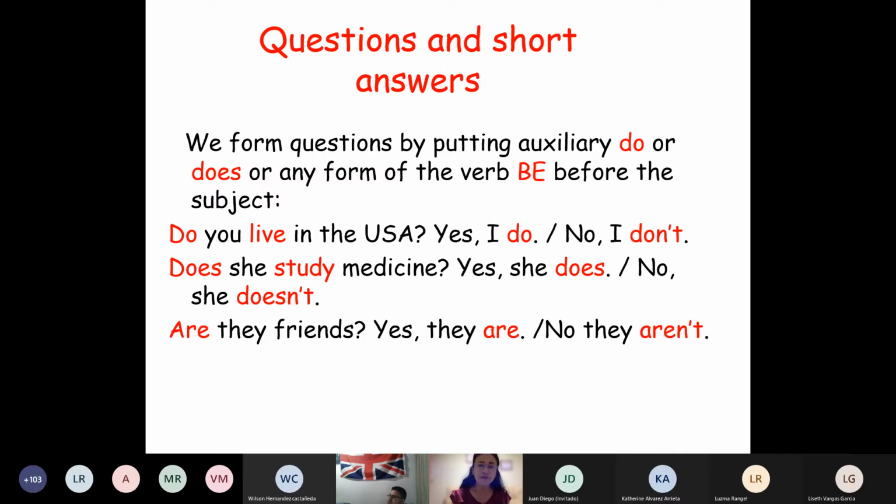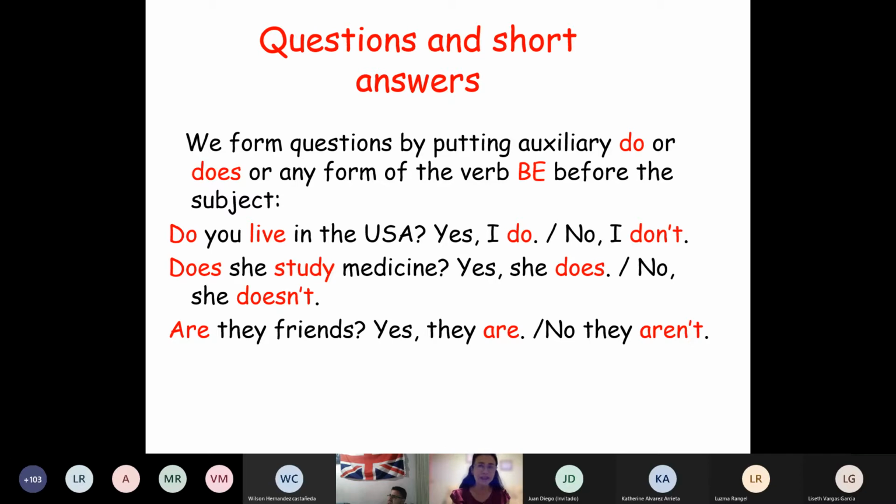When you have the verb to be, you start the question with the verb to be, are or is, depending on the subject. Are they friends? Is she a student? Is he? And you start the question with the verb to be. Are you students?